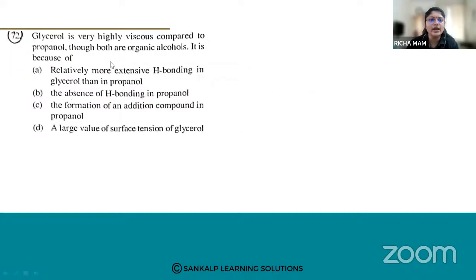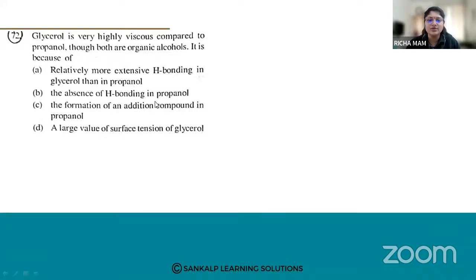Glycerol is very highly viscous compared to propanol, though both are organic alcohols. It is because of: A, relatively more extensive hydrogen bonding in glycerol than in propanol.